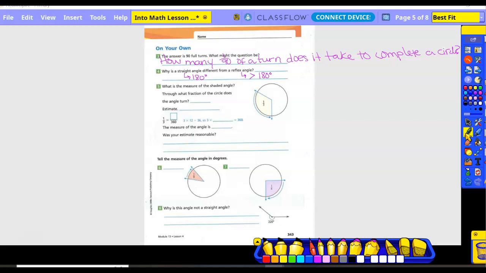So what's our fraction? 1/3, right? Okay, so then they want us to do an estimate. So what kind of angle is this? Can you tell us? Obtuse. Okay, so it's an obtuse angle, so we know it needs to be something greater than 90, right?